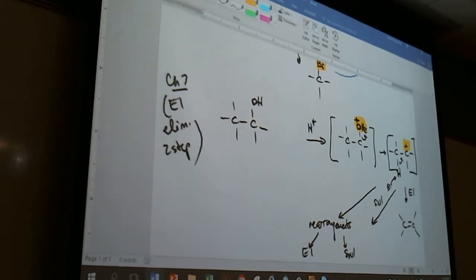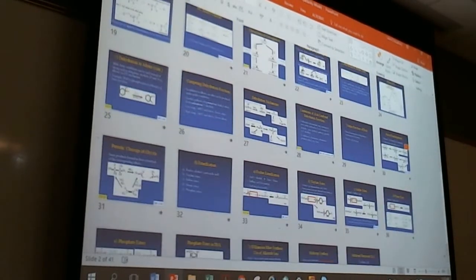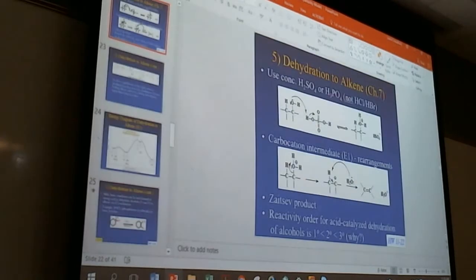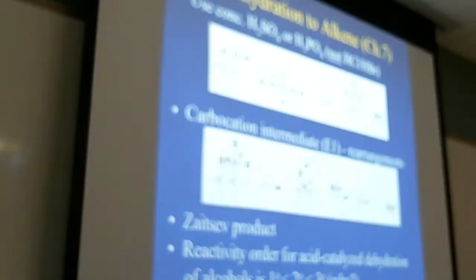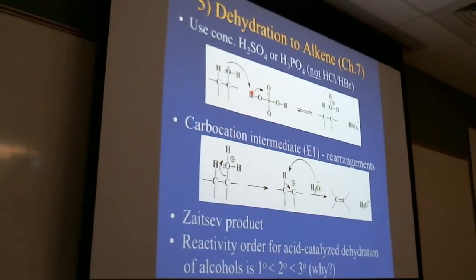Okay, so you put this alcohol in the presence of acid, like sulfuric acid, something whose conjugate base is not a good nucleophile, because otherwise you're going to end up with a whole bunch of substitution as well, in addition to elimination.